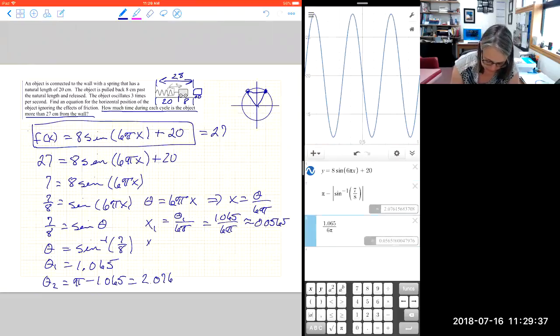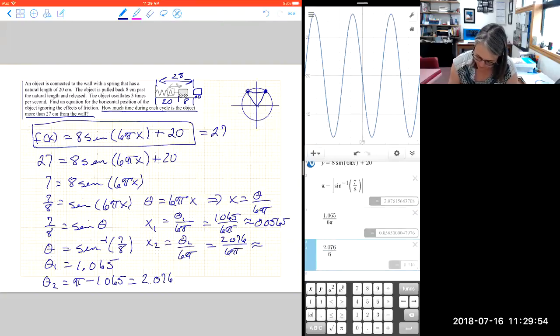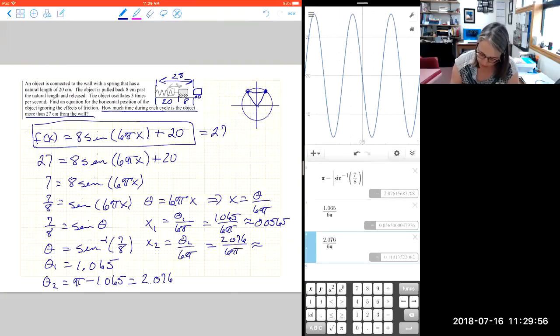And the second one is 2.076 divided by 6 pi, or 0.1101.